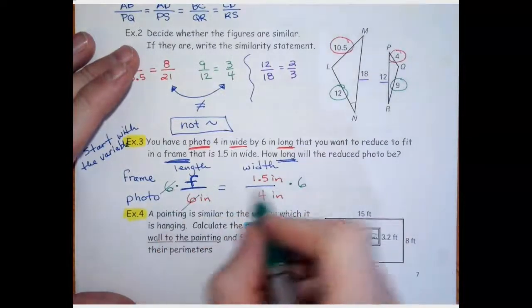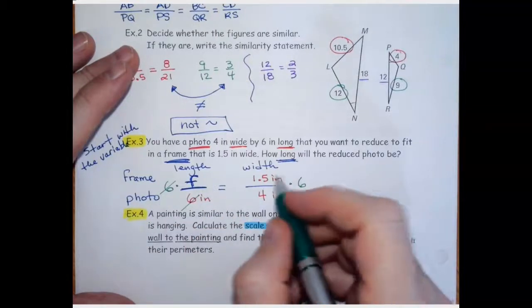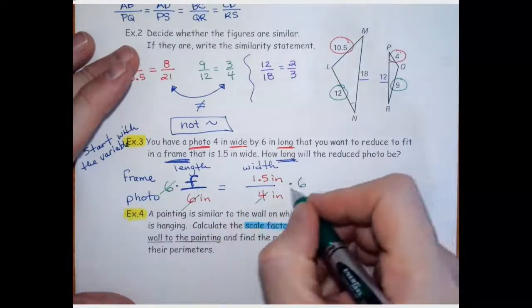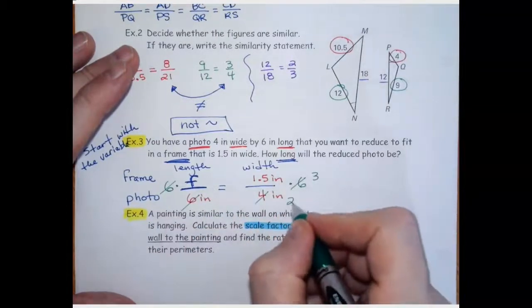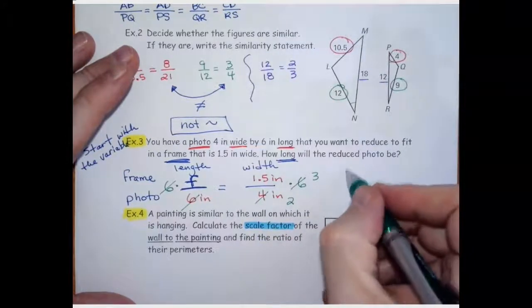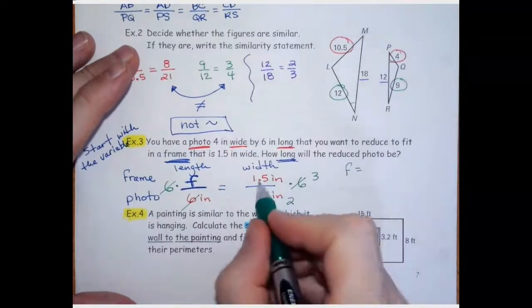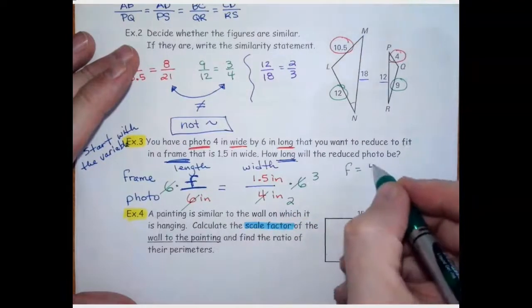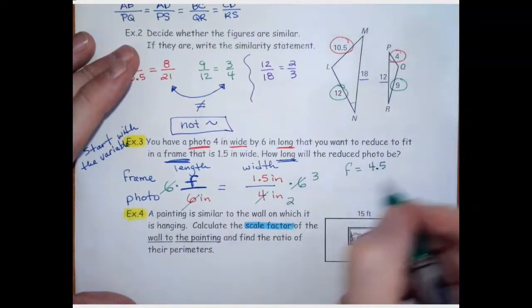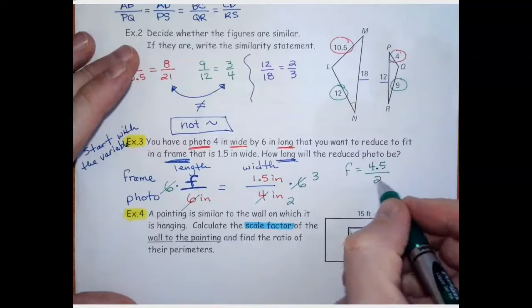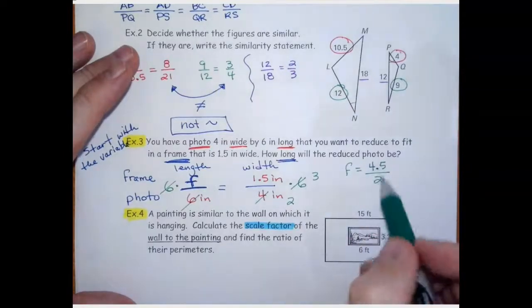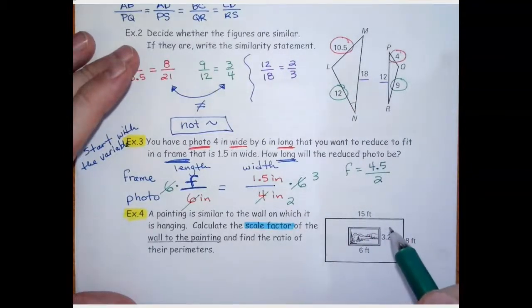Alright, so now we have f equals this because these 6's cancel out. This is going to reduce to 3 and 2. So now we have f equals 3 times 1.5, which is 4.5 over 2. Okay, so we can divide by 2 fairly easily.